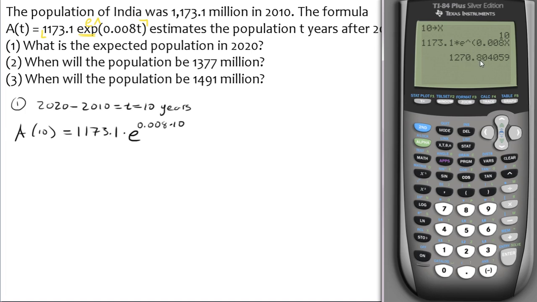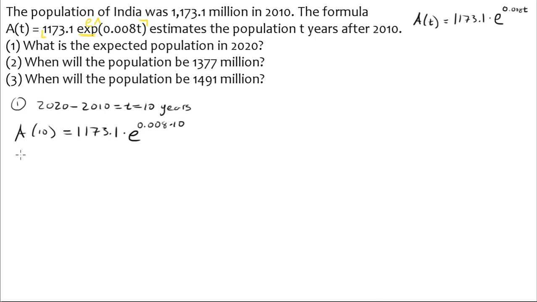So I guess we'll go to the tenth, 0.8, and that's our population in 2020. Go ahead, we'll write that down. 1,270.8 million.